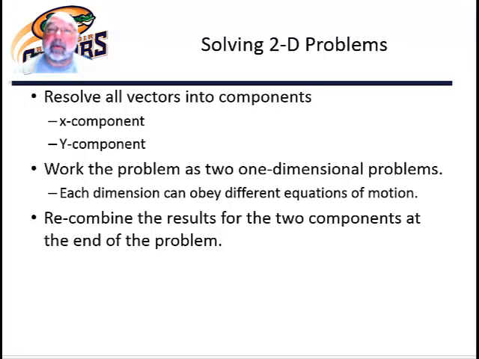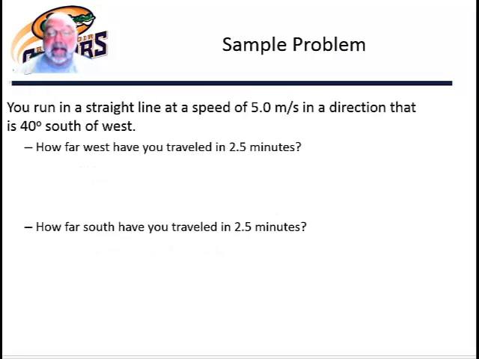They obey different equations of motion. The one constant between the two dimensions is time. Time is the same in both dimensions. Once we have our solutions, we can recombine or compose our vectors at the end of the problem.